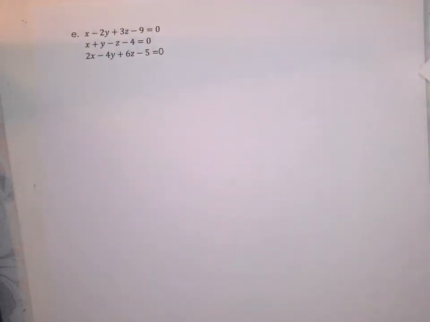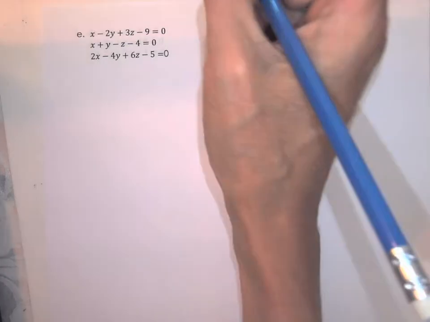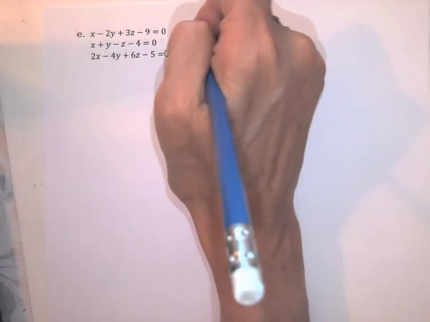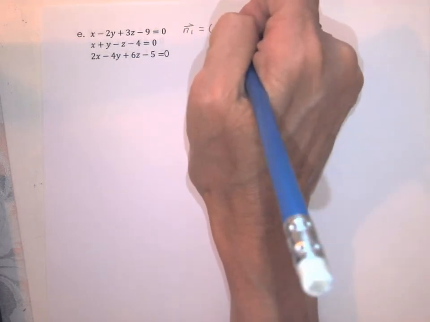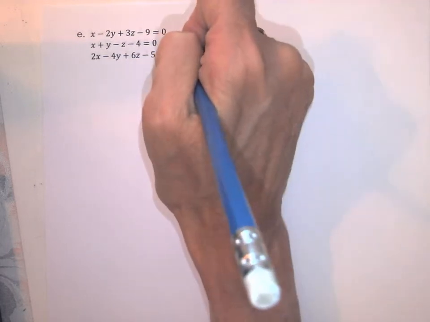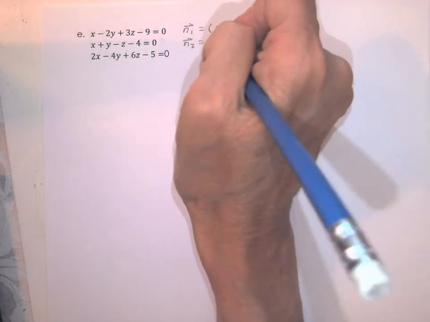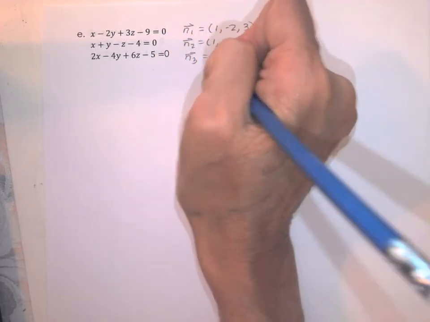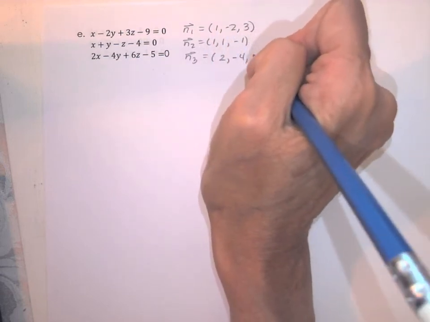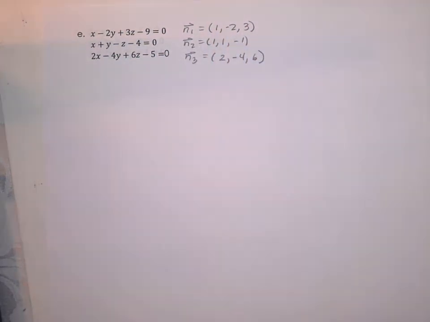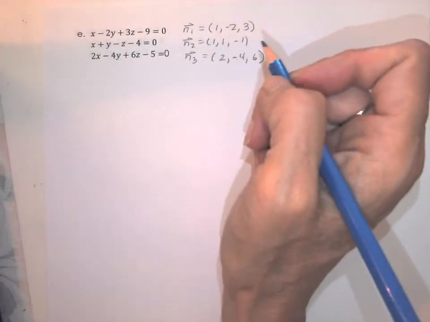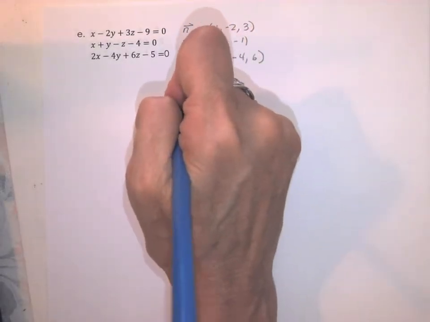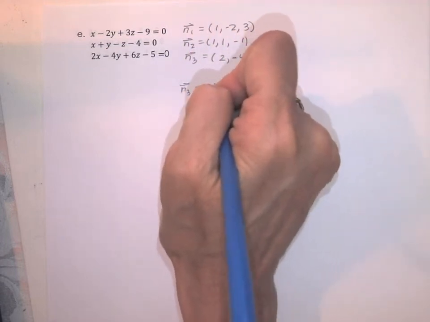Again, start off with analyzing your normals. Okay, and I can see that N3 is equal to 2N1.